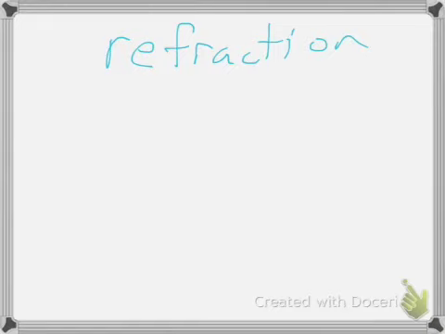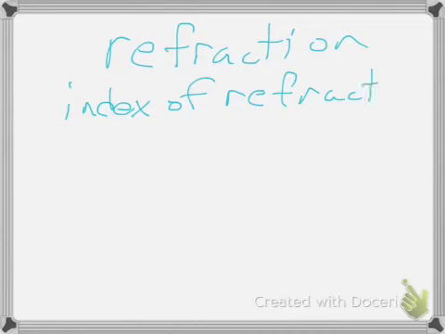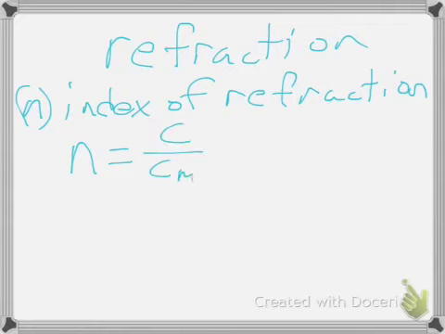And the first thing I'm going to say is that when I wrote that formula down off the top of my head, the index of refraction is a ratio of the speed of light to the speed of light in a medium. So n, the index of refraction, is equal to c over c medium.